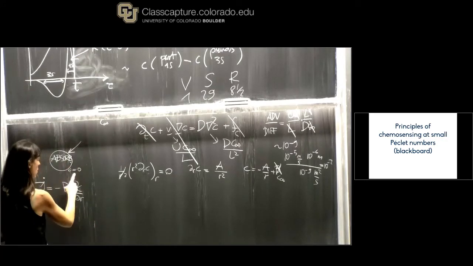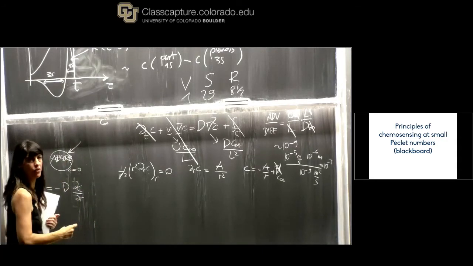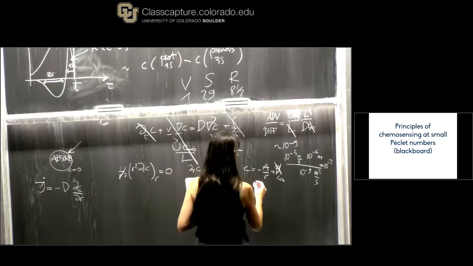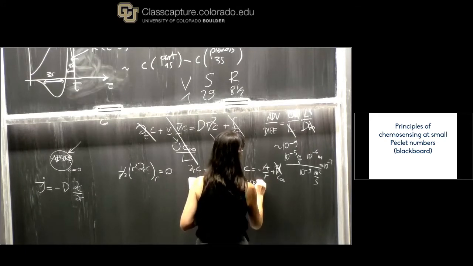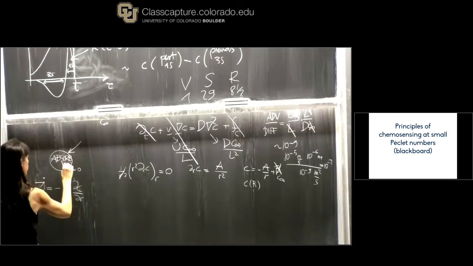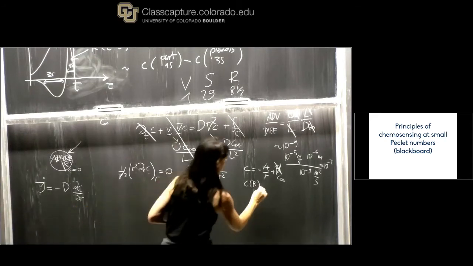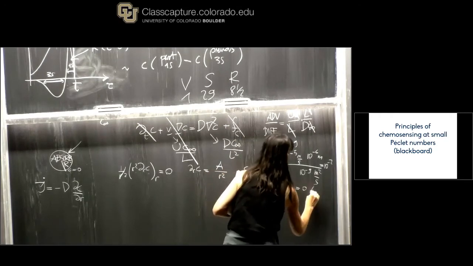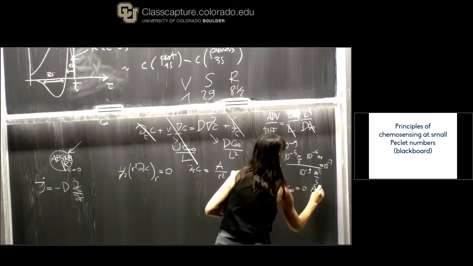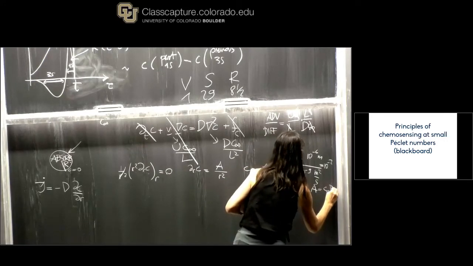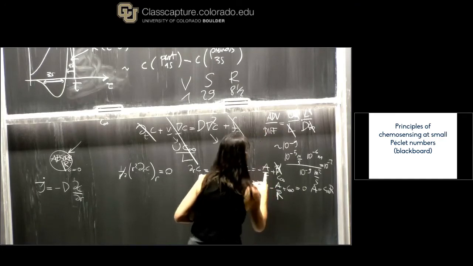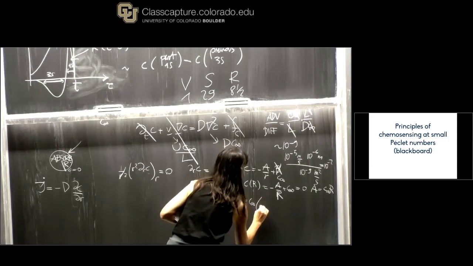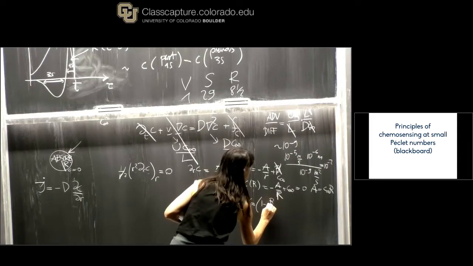This is true, although bacteria are not perfect absorbers, but we'll talk about this in a second. So c of R, where we call the radius of the absorber R, is equal to minus A over R plus c infinity, and it's 0. That tells me that A is equal to c infinity times R. And so finally, c equals c infinity times (1 minus R over r).